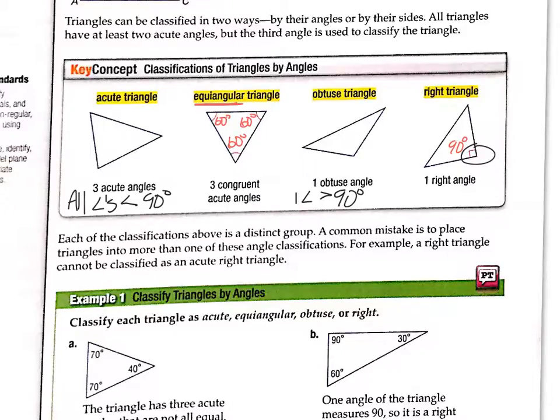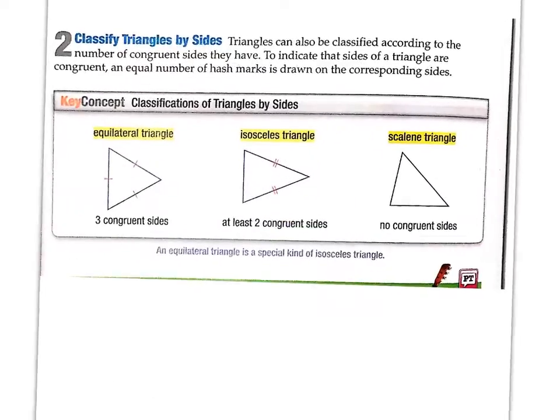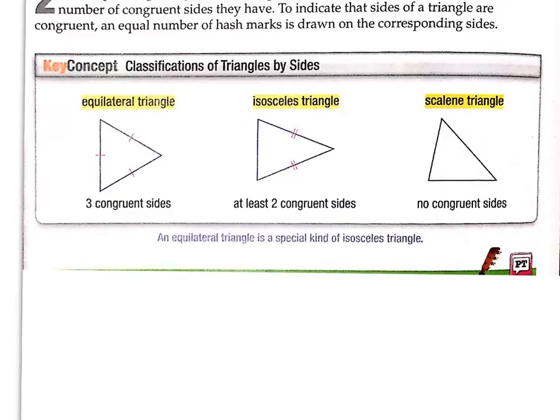But you can also classify triangles by the measure of their sides. Here there are only three. So we have an equilateral, lateral just meaning the side lengths. Remember we said equilateral is the same as equiangular.